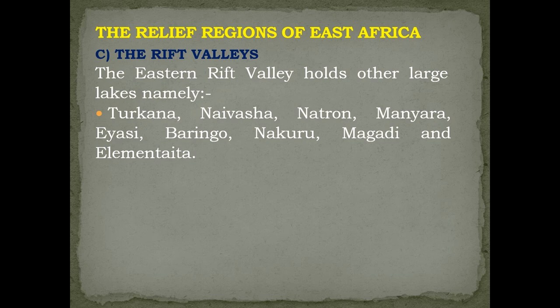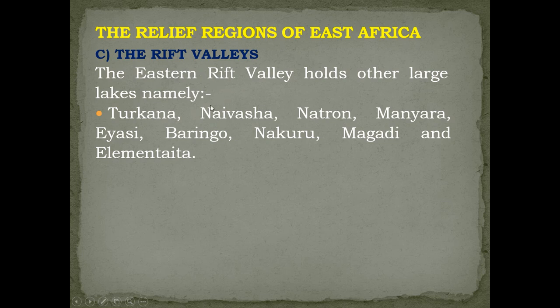Then when you cross it into Uganda, as you're going into Congo, you come across the western arm of the Rift Valley. If you are in Tanzania, as you're moving from the Indian Ocean from Dar es Salaam, you go into the coastal plains, the plateau, and then the first part of the Rift Valley you come across is the eastern Rift Valley.